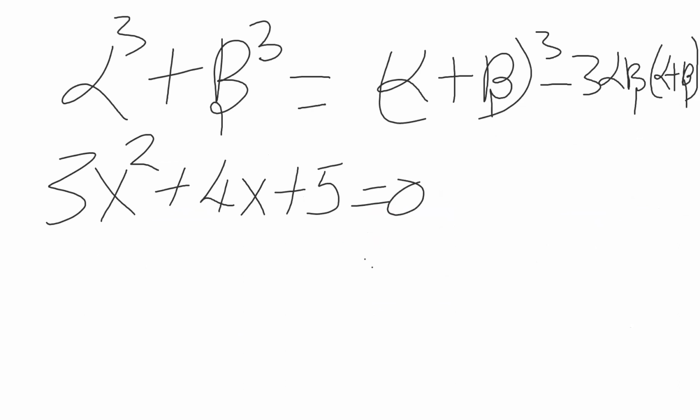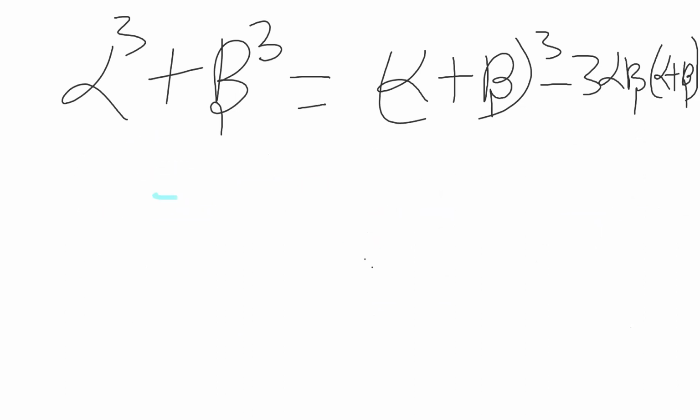So, what is alpha plus beta? Let's start substituting. Alpha plus beta is negative b over a, cubed.